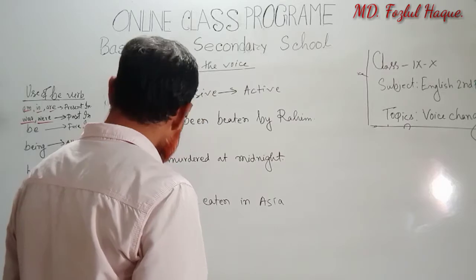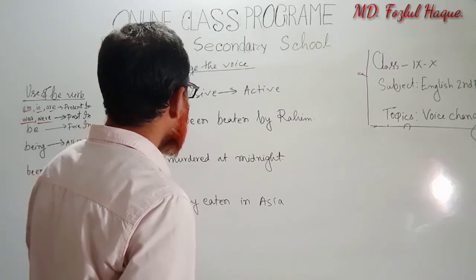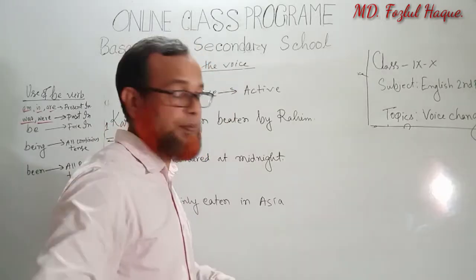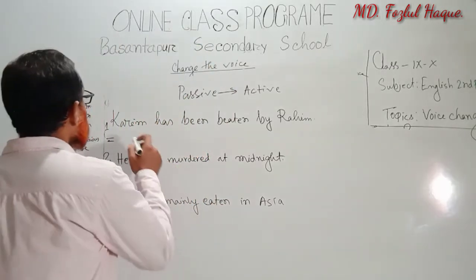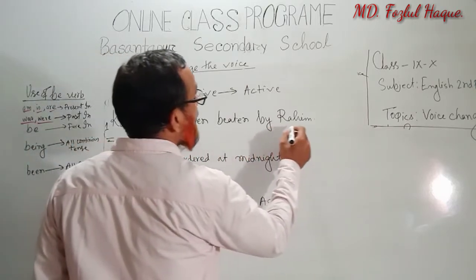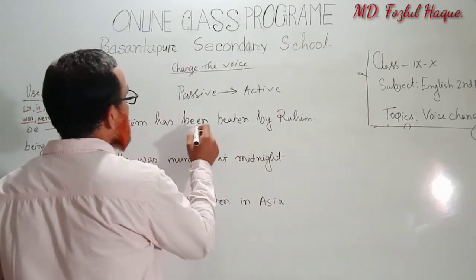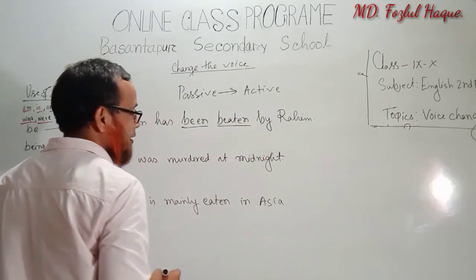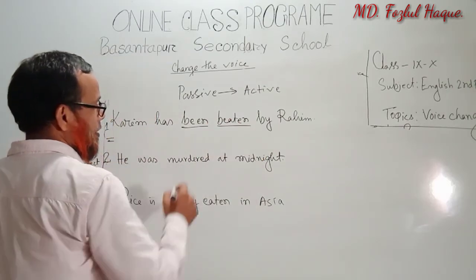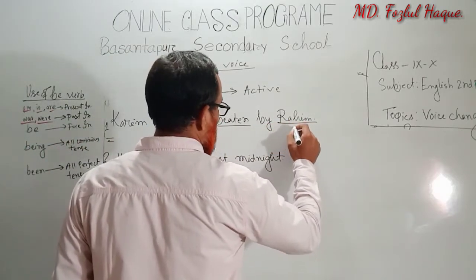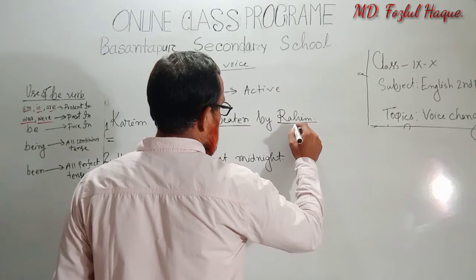Now I want to show you how we make active from passive. This is a sentence: Karim has been beaten by him. This is passive because a be verb and main verb are used here. And the doer is Rahim.